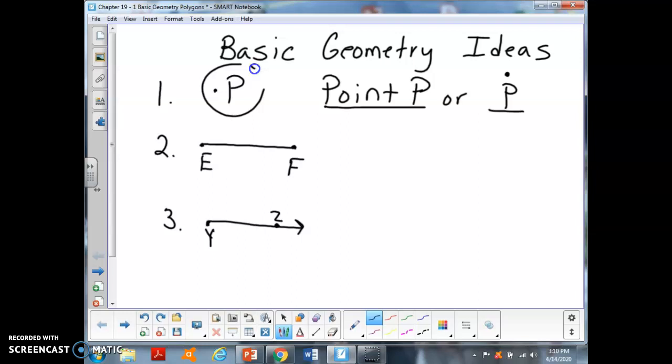Number 2 has 2 endpoints. This is an endpoint because it stops there, and this is an endpoint, it stops there. The segment has a definite beginning and a definite end. That is a segment. How do we label that? With words, we write segment EF. I like to use symbols.